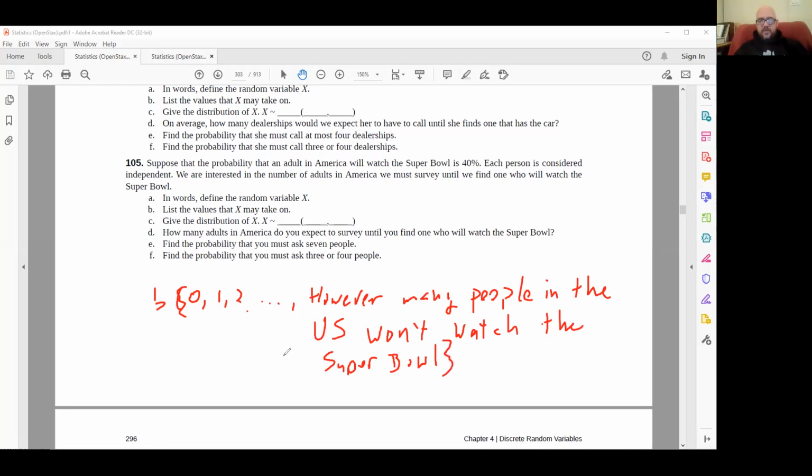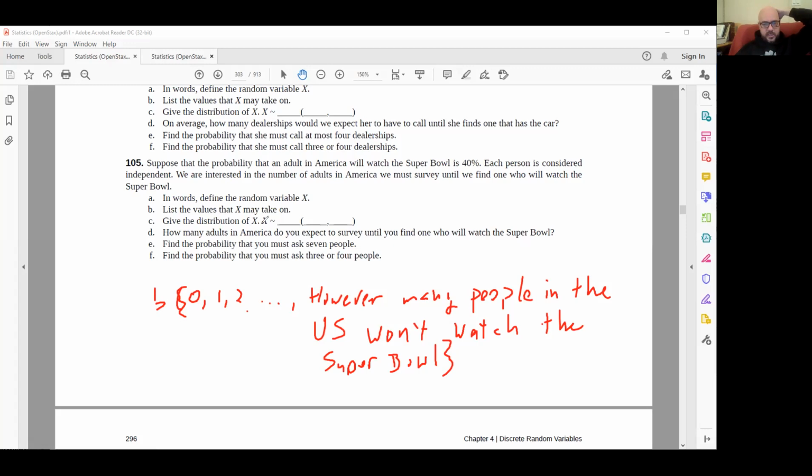You could pick a number for that. If you just put 1, 2, comma, ... and then ended it there, I would accept that as well. It doesn't technically go up to infinity, but the number is so large that treating it like it goes on forever is fine in this case.